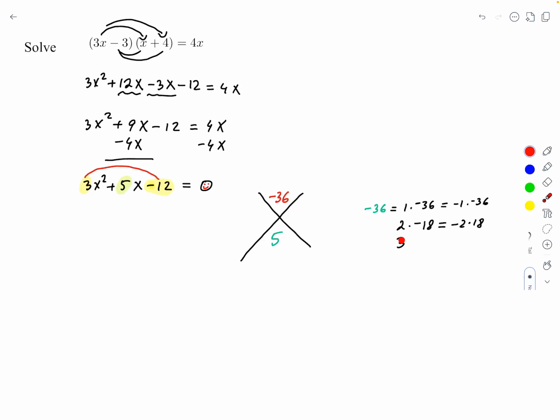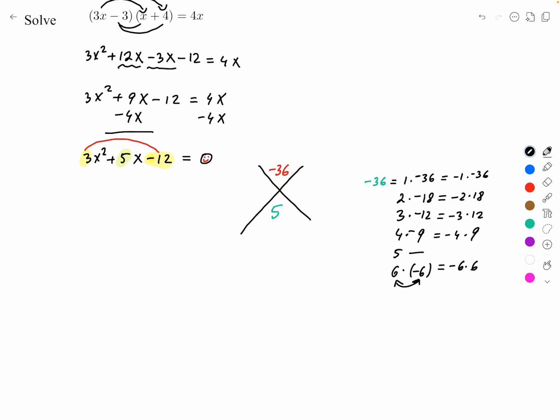Remember, we go from 1, 2, 3, 4, and so forth. 3 times negative 12, negative 3 times 12, 4 times 9, negative 4 times 9, 5, it's not a factor, 6 times negative 6, negative 6 times 6. Oh, well, I already got to the same two numbers. So now I have to choose the pair that adds up to positive 5, and that's these two. So I have a negative 4 and a positive 9.